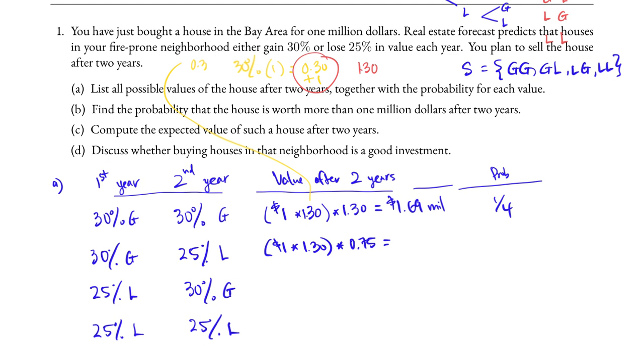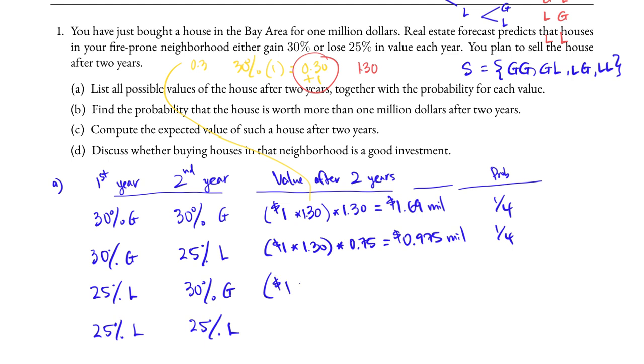Multiplying a factor more than 1 would increase the value. And so in this case, we will get $0.975 million, and this has a probability of 1/4.